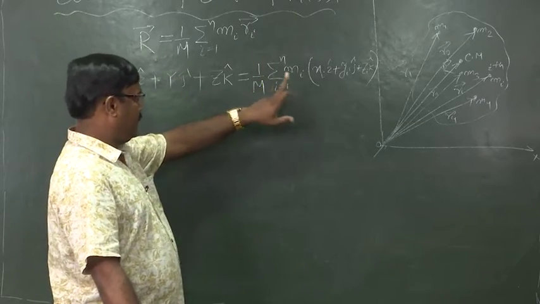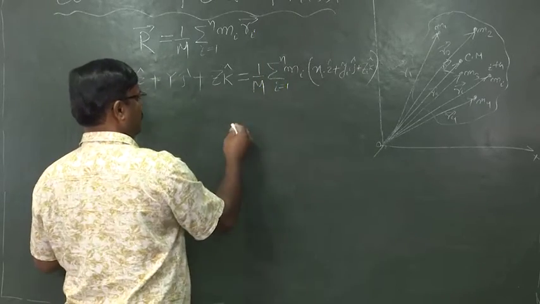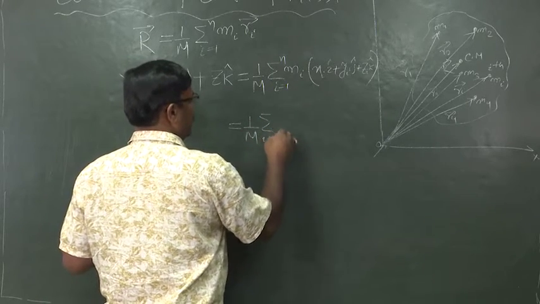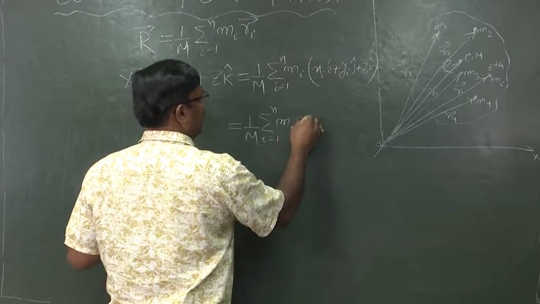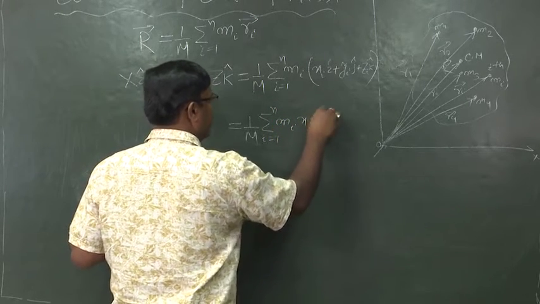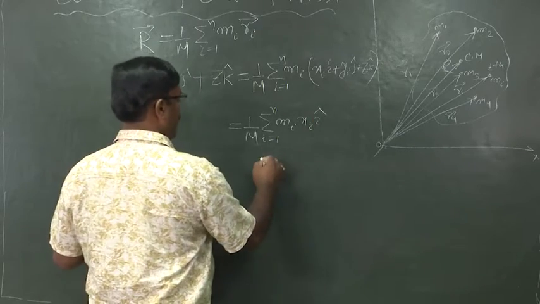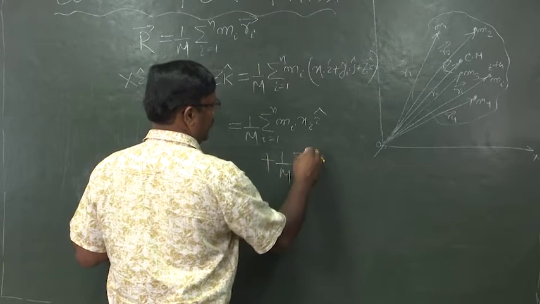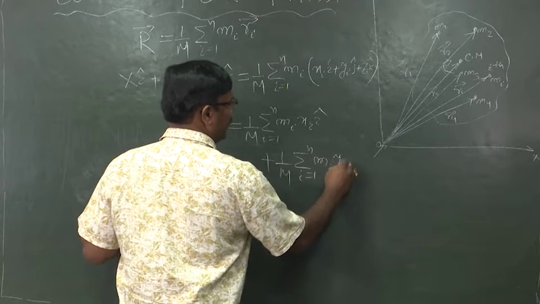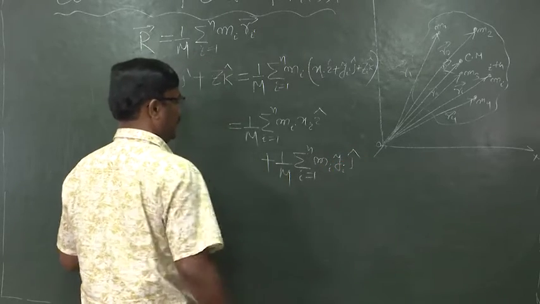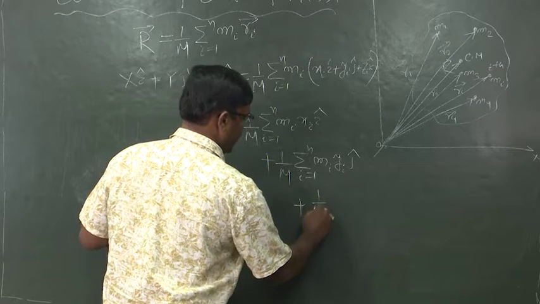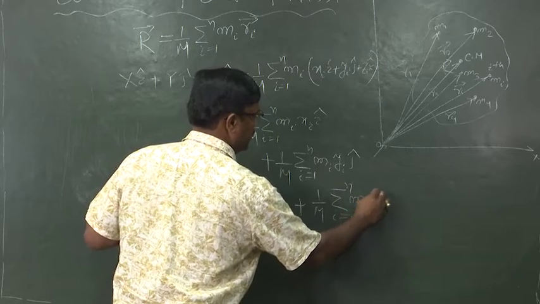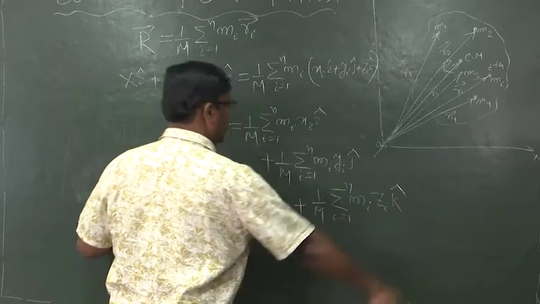Now, this can be expanded into 1 by M sum over i is equal to 1 to n mi xi i cap plus 1 by M sum over i is equal to 1 to n mi yi j cap plus 1 by M sum over i is equal to 1 to n mi zi k cap.